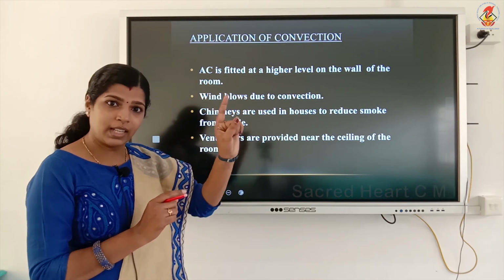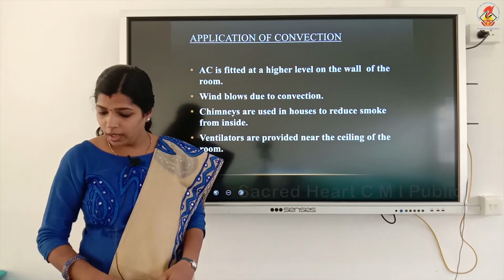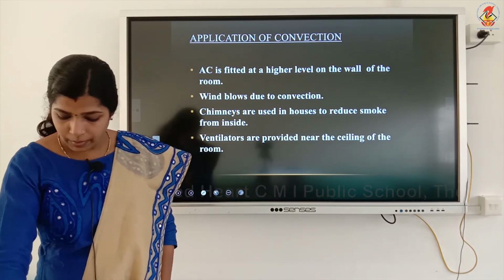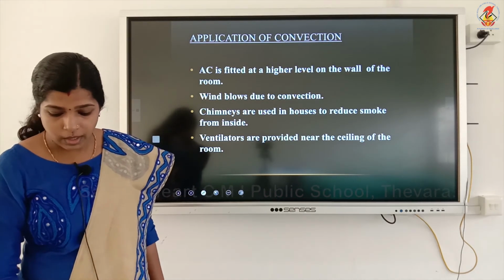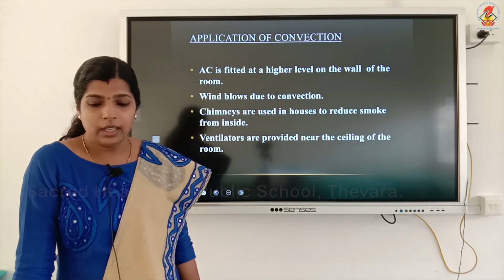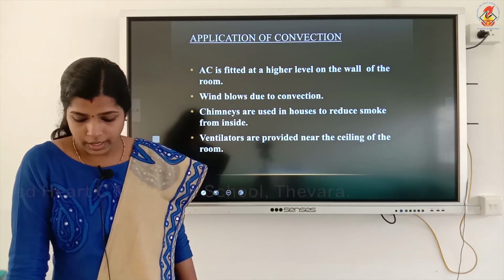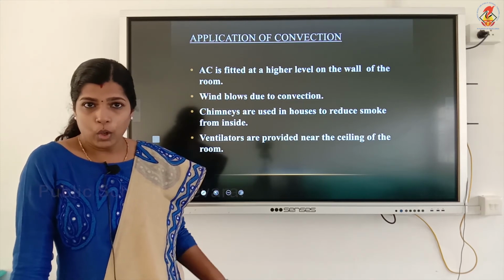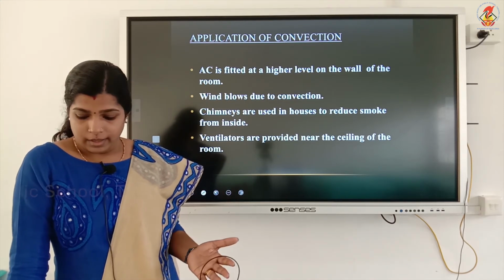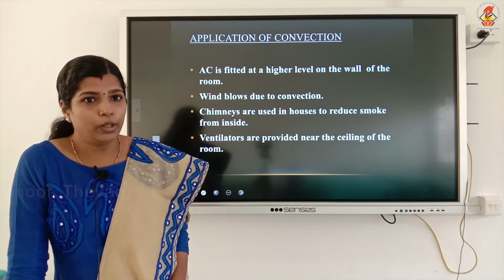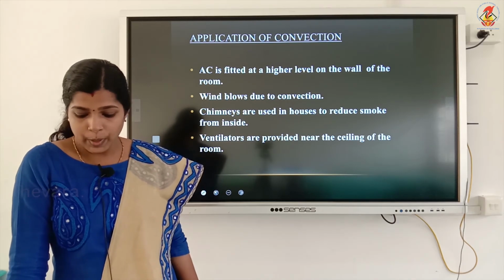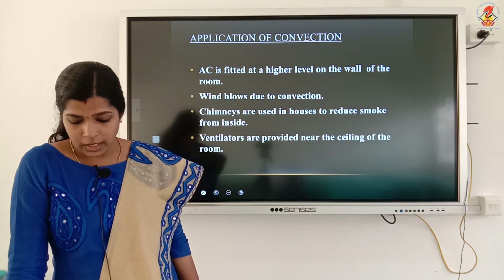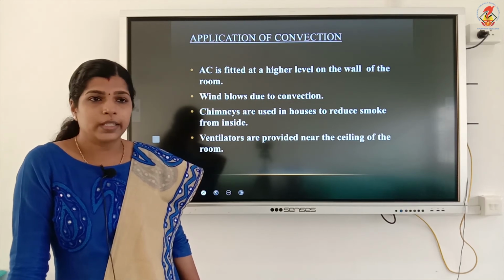The cool air from the AC is heavier than hot air and it will move downward. So, the hot air at the lower level of the room will move up again and this process will continue till the room gets cooler.